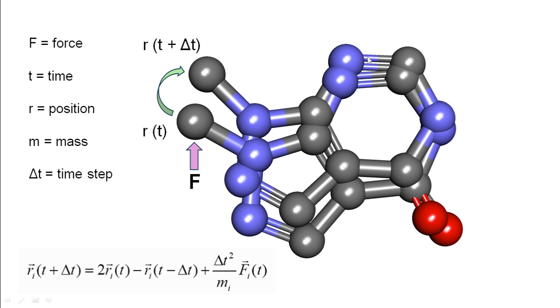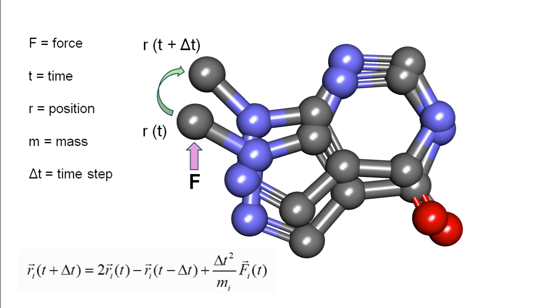Similarly, for each atom, we can predict or approximate their new position, because we know their potential energy, the force, the time step, their mass, everything we know. Therefore, for each atom, we can approximate their new position. That means we are using the Newtonian rules or Newtonian equations to approximate the new position.